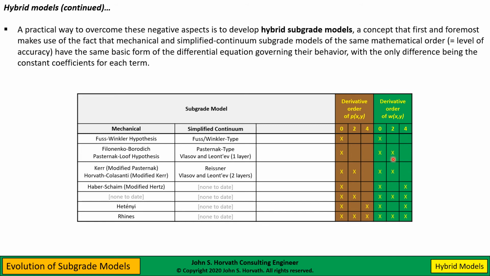So we've looked at these individually. Now we put them together into a single table or matrix. If we judiciously pick models of the same type, and I'm choosing models here that have a tension membrane instead of a shear-only layer because it's easier to program in structural software, we wind up with these hybrid models.